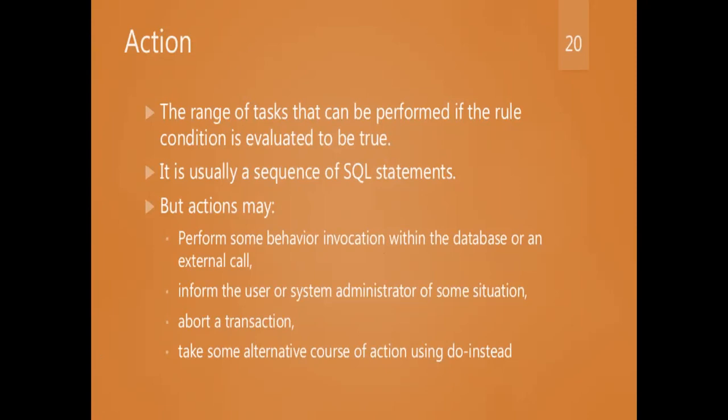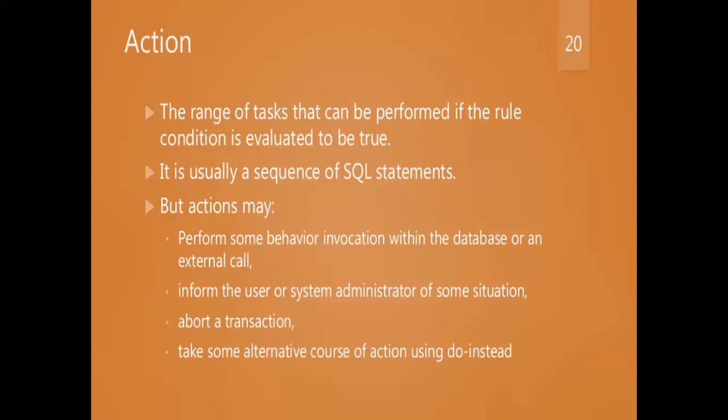As I have said here, we can define triggers not only on the database, for the whole SQL server also we can give triggers. Inform the user or system administrator of some situations. These are the actions that can happen. Some examples are given here. If a non-genuine user has accessed the database, then we should not provide access to the database, so obviously the transaction has to be aborted, and we need to send some message to the system administrator also.